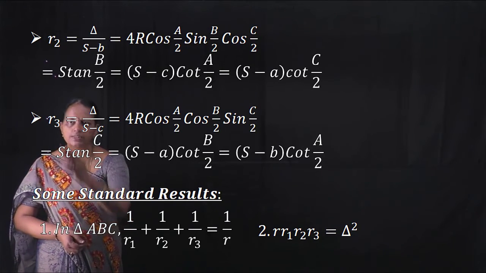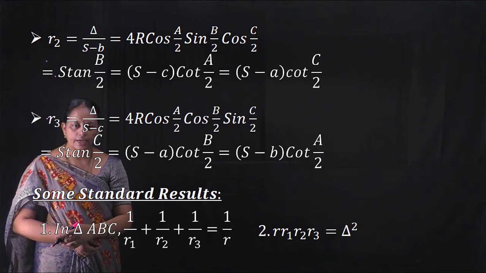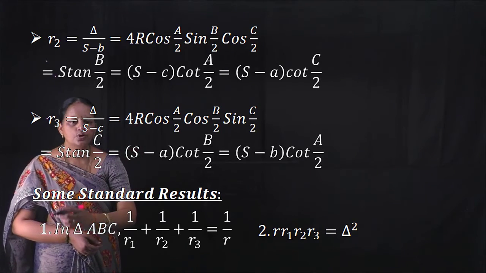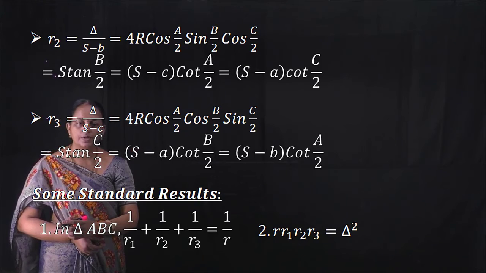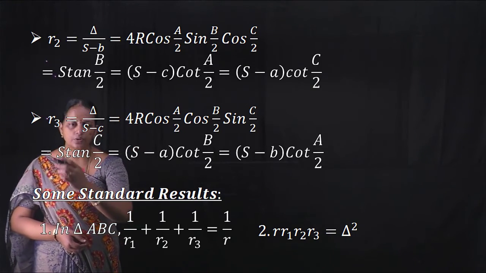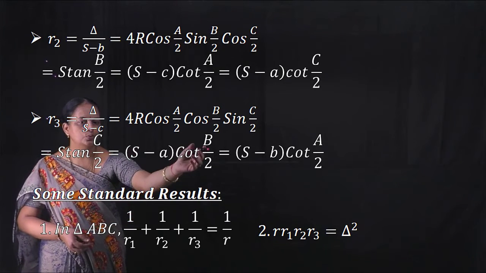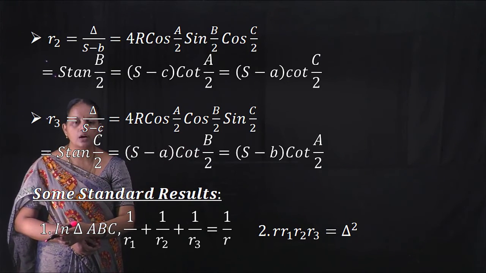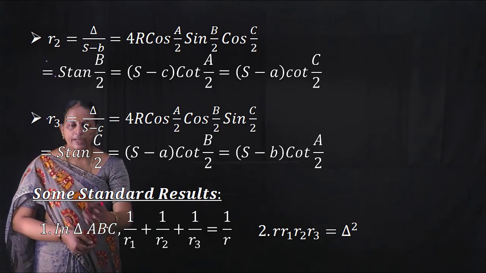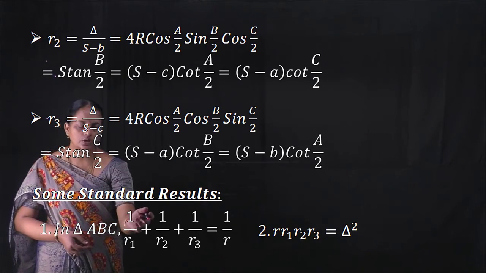And the next one is R3, which is equal to delta by S minus C, which is also equal to 4R cos A by 2 cos B by 2 sin C by 2 and is equal to S tan C by 2, which is equal to S minus A cot B by 2, which is equal to S minus B cot A by 2.